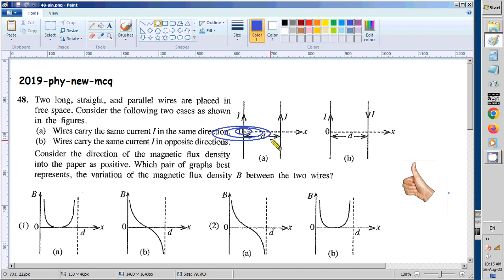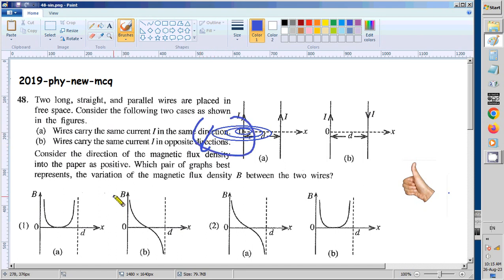They are closer to each other at the places closer to the wire. When they go further away from the wire, they separate more than the lines closer to the wire. So the direction now we know is out of the paper.